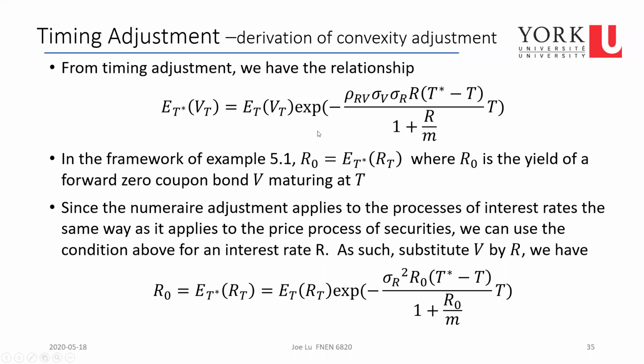Here we're going to show that if we take this R naught as this, and we go through a timing adjustment, we essentially will derive the same expression as the convexity adjustment. So that shows the consistency, or the equivalence, I should say, between timing adjustment and the convexity adjustment.